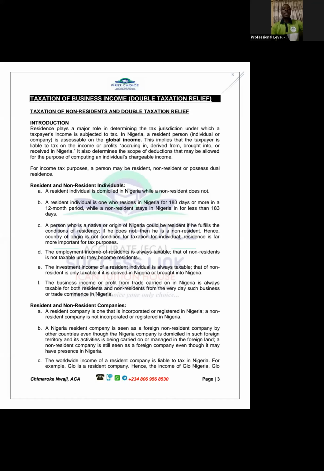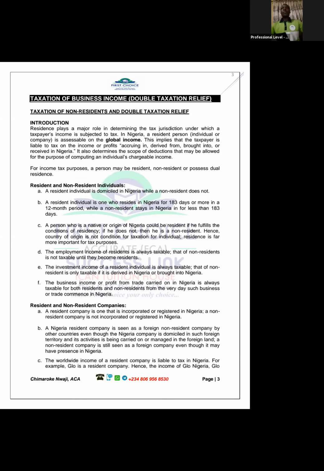So whenever a Nigerian company earns foreign income, it means that that Nigerian company is situated outside of Nigeria. Primarily, it is domiciled outside of Nigeria and is earning foreign income.